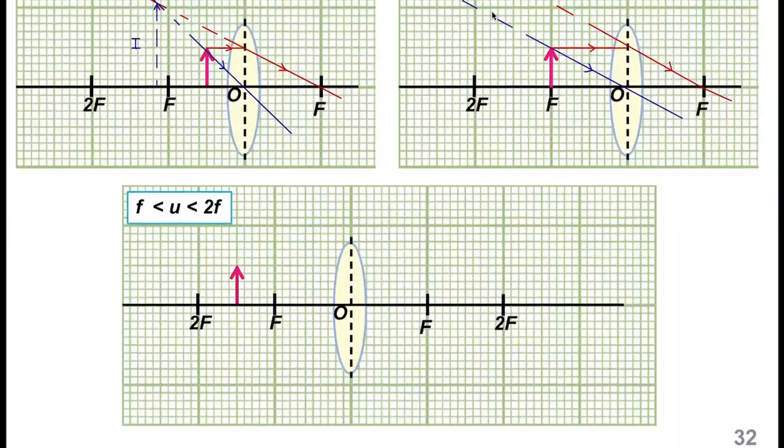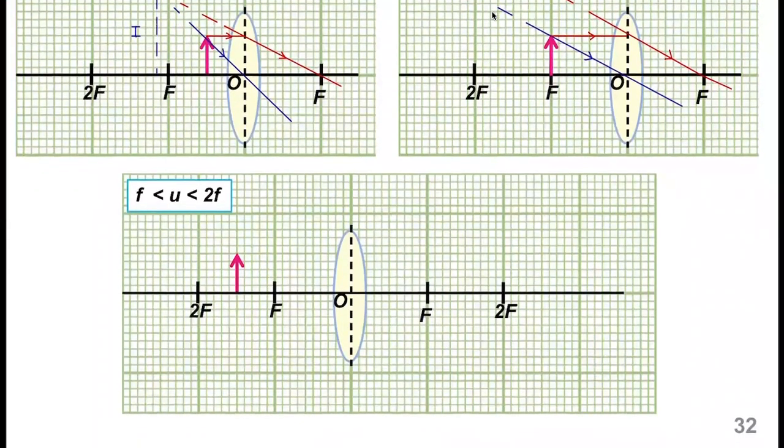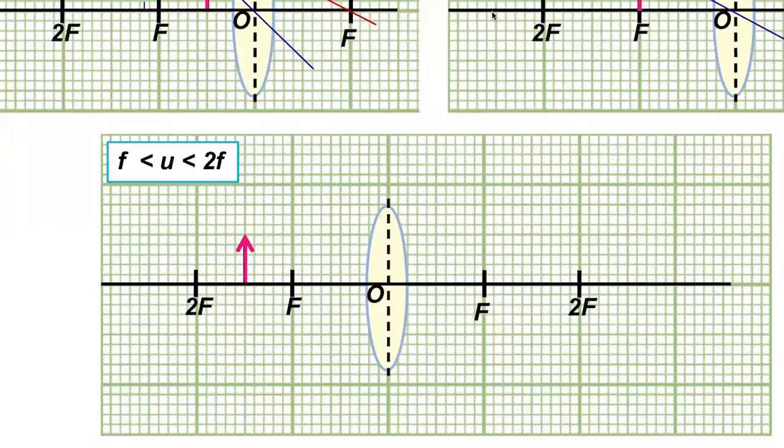The next one is when the object is placed in between F and 2F. So we will use rule number 2 and rule number 3 to get the position of the image.